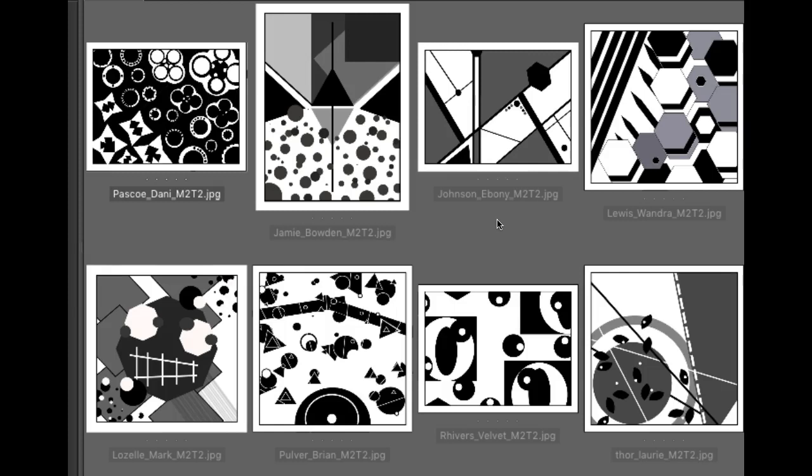One of the reasons I always like to put everybody's work up, this is in Adobe Bridge, on a board where you can see just the thumbnails, is because when you look at a design really small like this, and I really encourage you to do that, you can see just the basic structure, the lights and the darks. Sometimes details can lead us away from how to really problem solve a design.